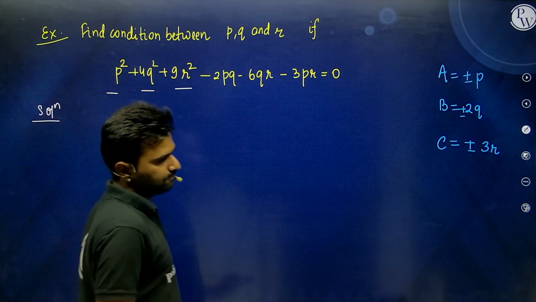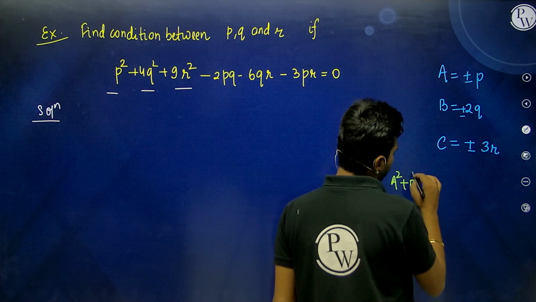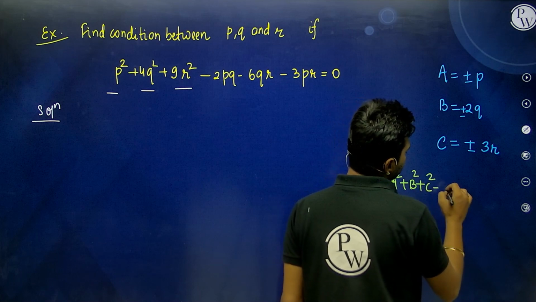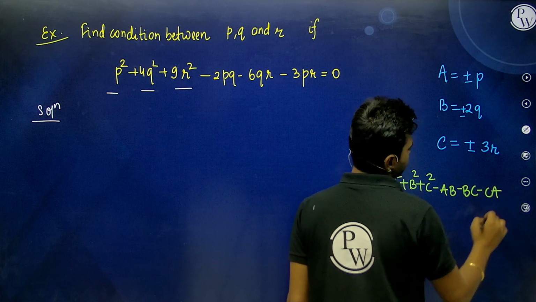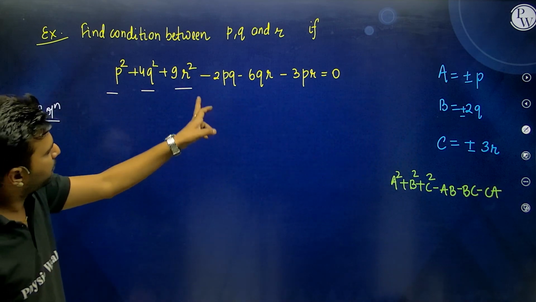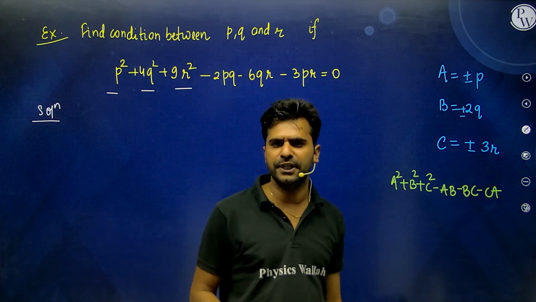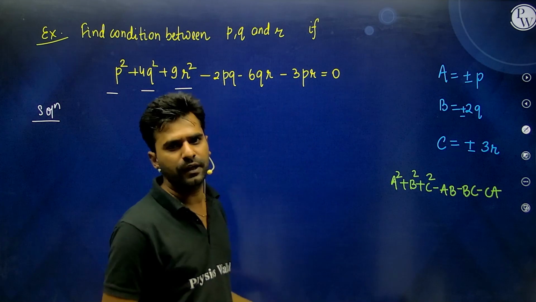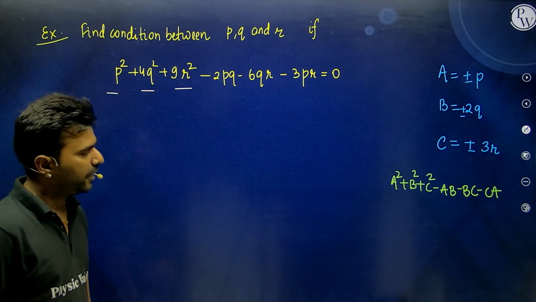Since we know that A square plus B square plus C square minus AB minus BC minus CA, if we want to form this kind of expression, obviously we can see that minus, minus, minus is coming over here. That means A, B and C should be taken with positive signs only, or all with negative signs.